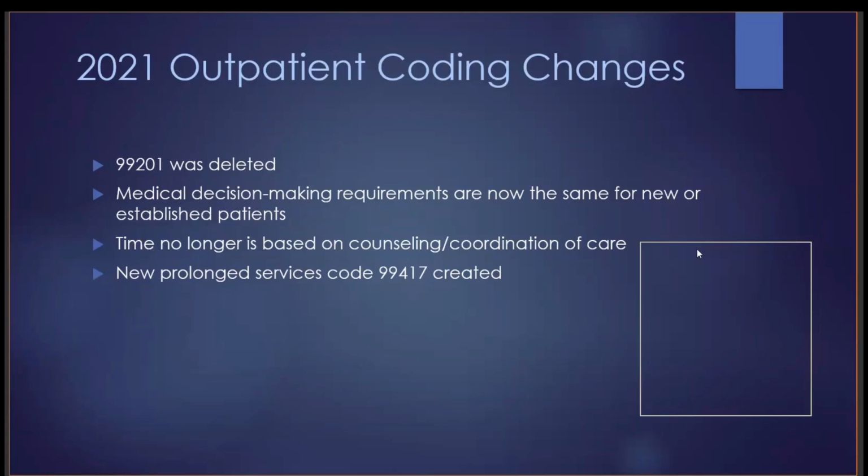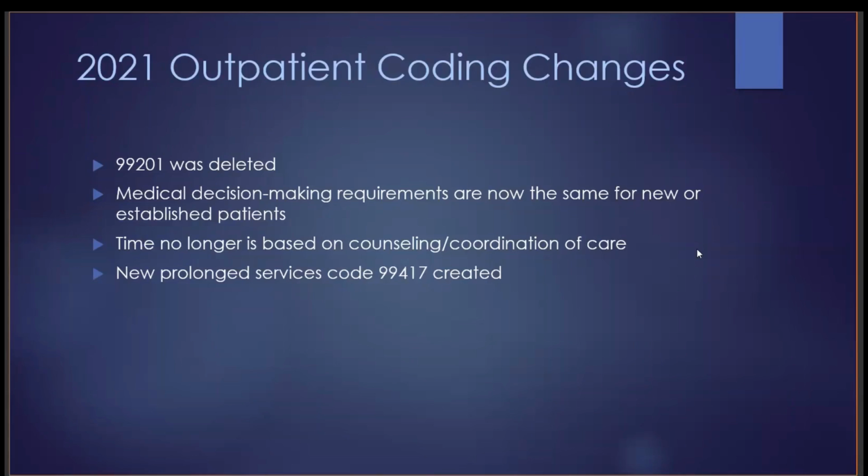Medical decision-making requirements are now the same for new or established patients. In previous years, we had history, exam, and medical decision-making to determine our level of service, and they were skewed a little if it was a new patient versus an established patient. Now those requirements match.